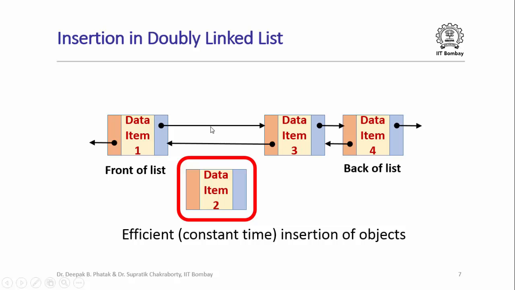Similarly, insertion in a doubly linked list can also be done very efficiently. In fact, once again, it can be done in constant time. So for example, suppose here this is a data item that I wanted to insert in this list at this position.